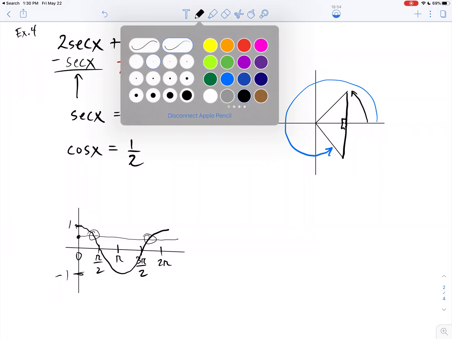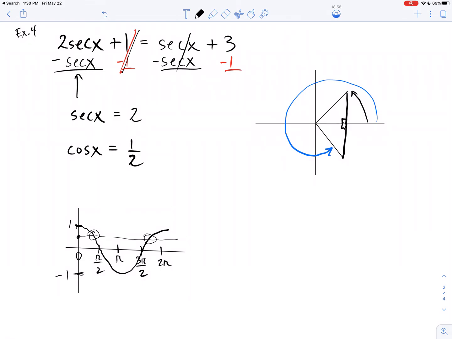So what did they tell me? They told me the cosine of x is 1/2. So I go, well, this is a 1. That's a 2. That means this must be a rad 3. Now, wait a minute. Yeah. And for cosine here, that would be a 1. That would be a 2.